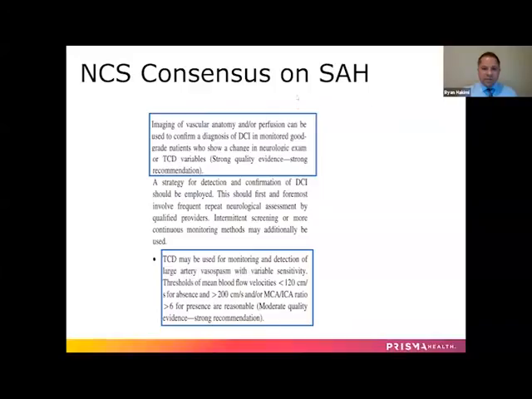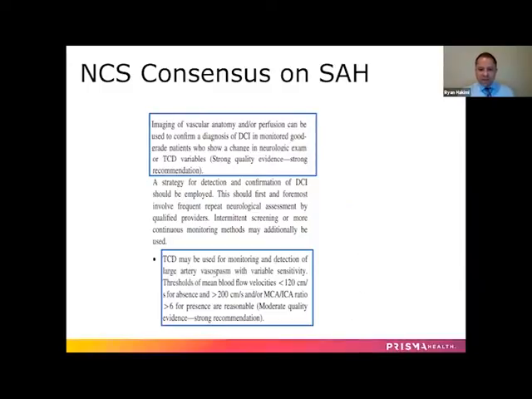Imaging of the vascular anatomy and/or perfusion can be used to confirm the diagnosis of DCI in monitored good-grade patients who show a change in neuroexam. So TCD can be used for that when you are looking for a clinical change.